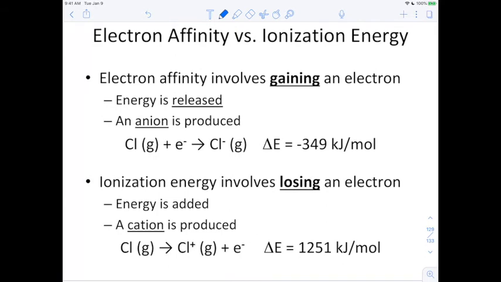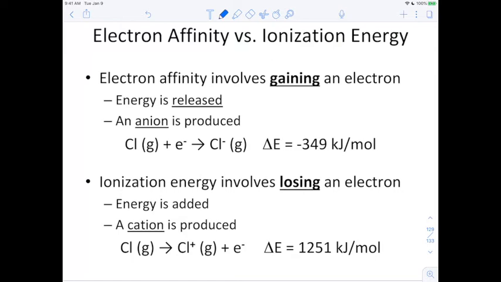All right, so just to compare the two, the electron affinity is involved with gaining an electron, and energy is also always released. And it's an anion or a negative ion that's going to be produced. Whereas the ionization energy involves losing an electron, you must always add energy. I like to think of it as stealing an electron. If you're going to rip an electron away, even if it's an atom that doesn't particularly want that electron, you're still pulling it away. It still costs you energy.